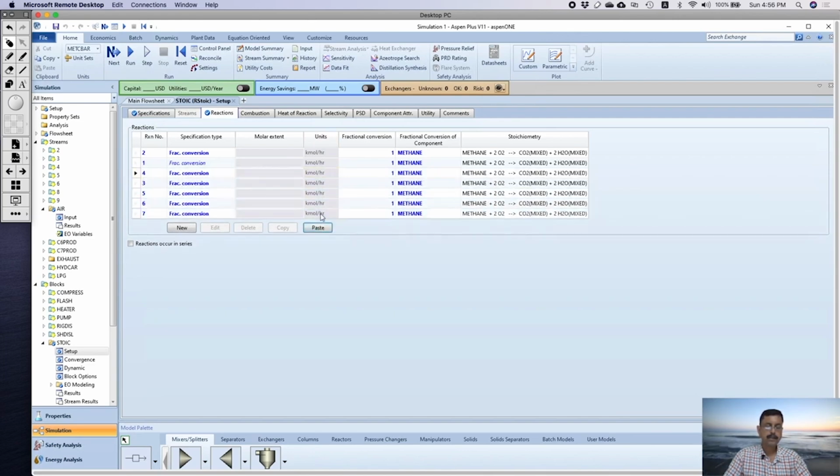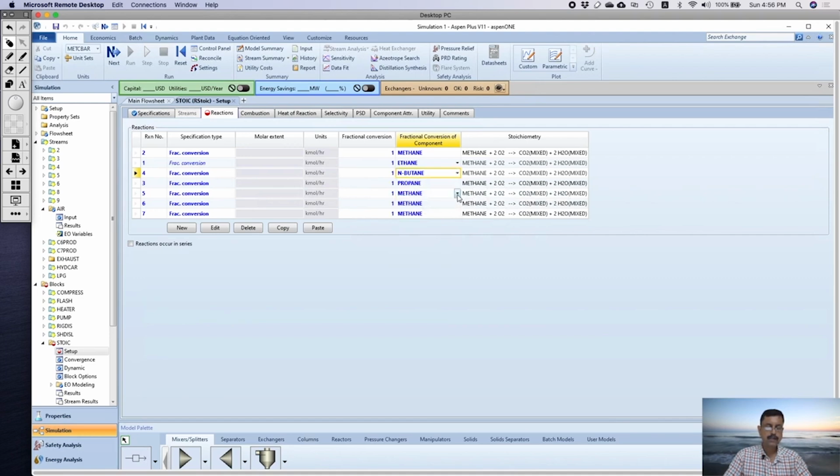Okay, so this is our reaction 1. Reaction 2 is not methane, it is ethane, right? Let us say ethane. Reaction 3 will be propane. Reaction 4 will be butane.